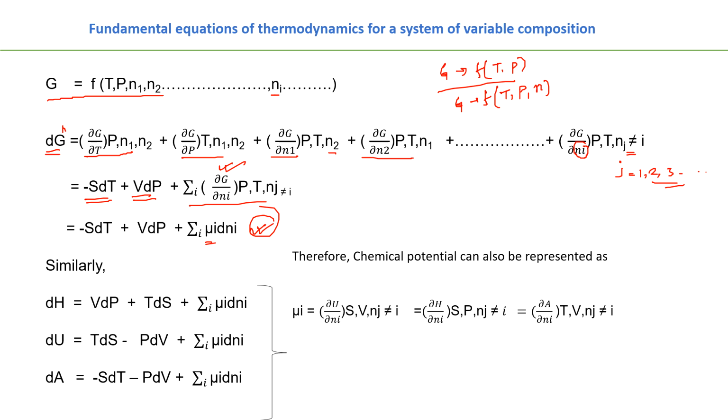Suppose we want to derive the fundamental equation in terms of enthalpy, then what we'll do? We know that H equals G plus TS. Now dH equals dG plus TdS plus SdT.